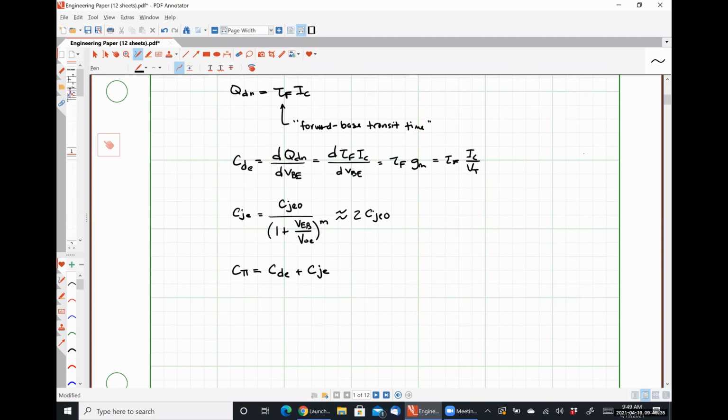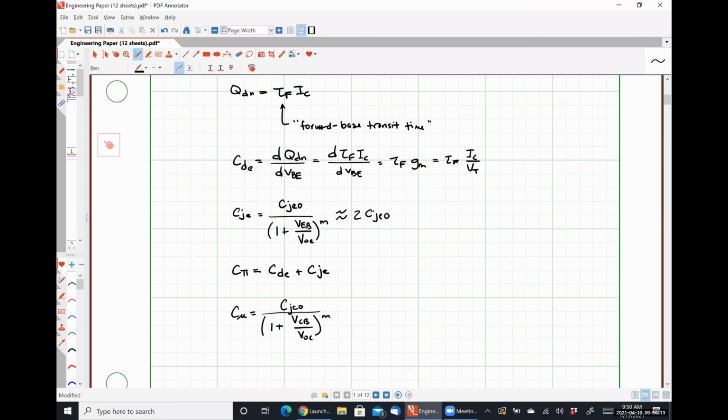So we are going to have C mu is equal to CJC naught, the junction capacitance at the collector base interface, over 1 plus VCB over V naught C, also raised to the mth power. That takes care of that guy.